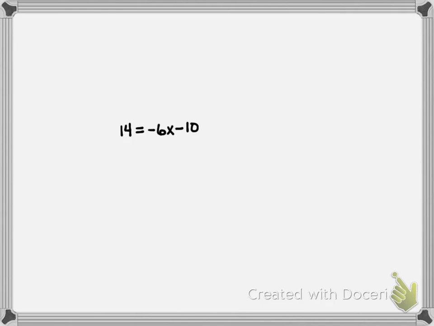So here's our next question. Now, what makes this question a little more difficult is that it's turned around. Some of the students said it doesn't matter what side the equation is on, we're still going to move everything around that x. So notice again that I circled it. That's just a visual reminder. It's not mathematical, it's something that I do to help me see what it is that I need to move or can move. So I'm going to move the negative 10 over.